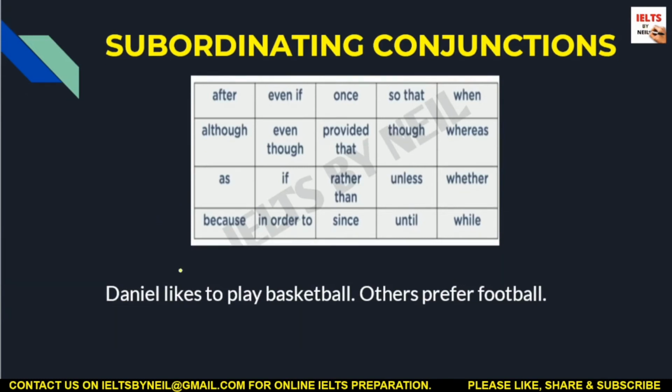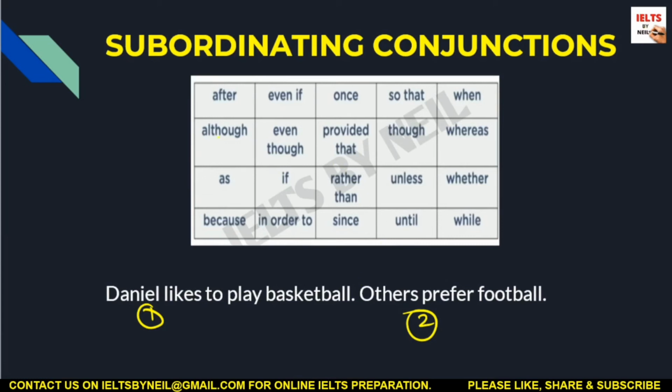So let's take an example of this sentence here. Again, we have taken two simple sentences, that is, Daniel likes to play basketball and others prefer football. So here a contrast word needs to be used. So let's see what we can use here.